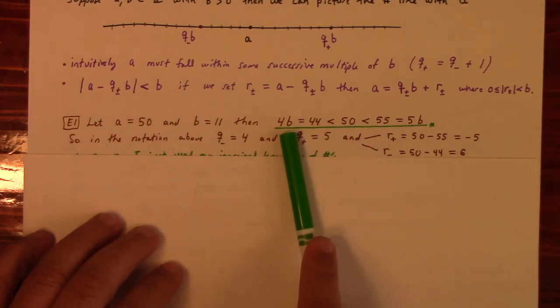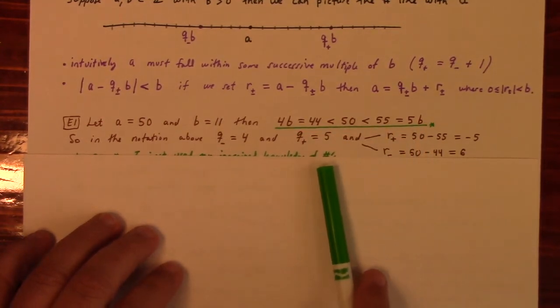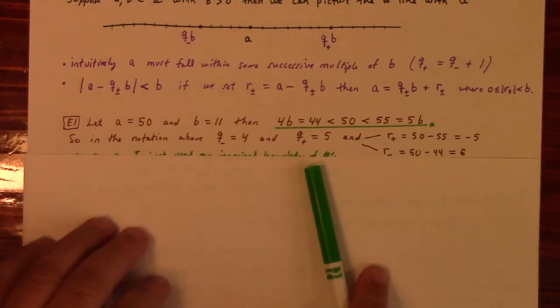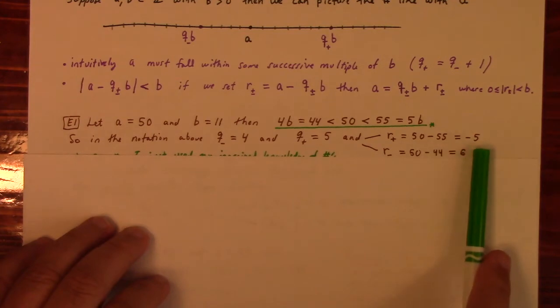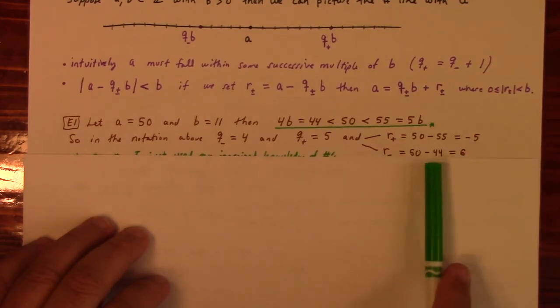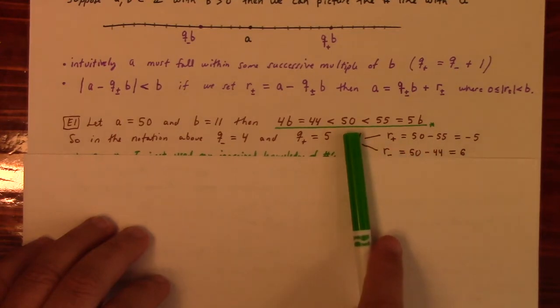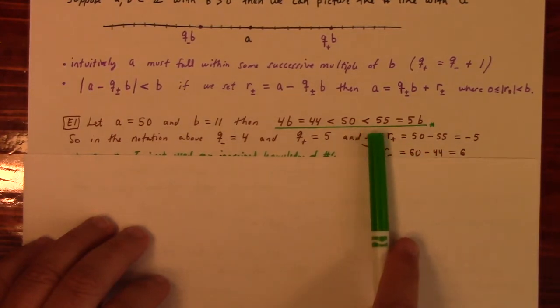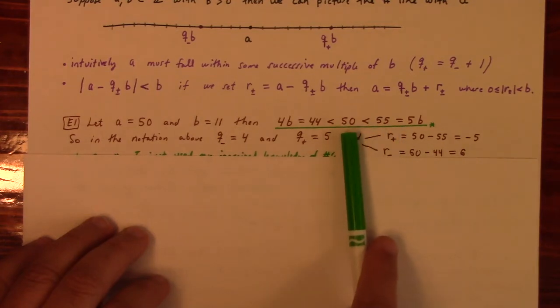So it's between 4 times b and 5 times b, and indeed that gives us a remainder, the r plus being 50 minus 55, which is minus 5, and the r minus, which is 50 minus 44, which is 6, right? So 50 is 5 from 55, and it's 6 from 44.